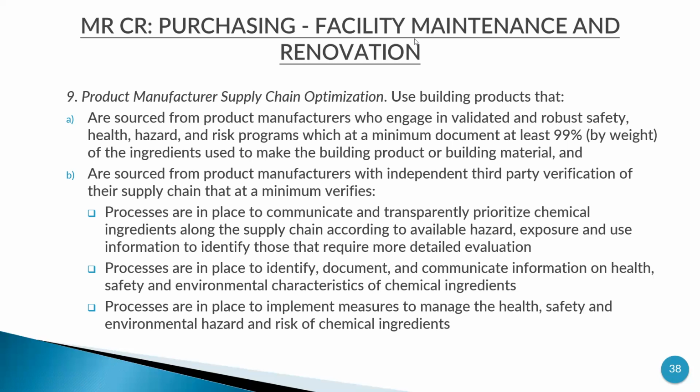Processes are in place to identify, document, and communicate information on health, safety, and environmental characteristics of chemical ingredients, and to manage them. One is you're identifying, second you're documenting it, third you're communicating it, and fourth you're managing it. Okay.